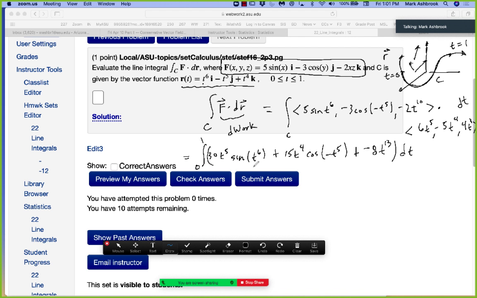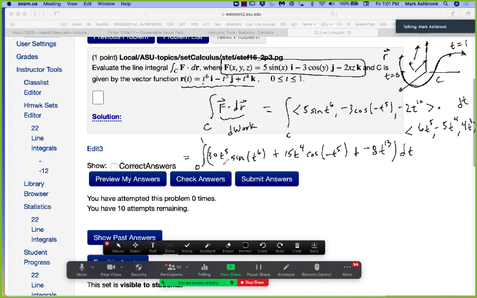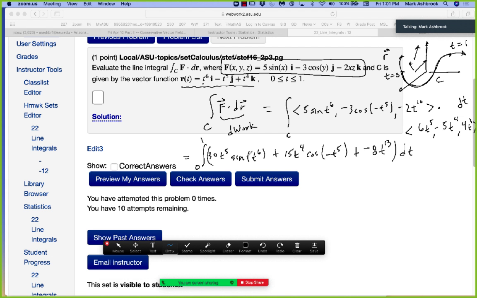I'm going to try to do those without u substitution, noticing that this is just the result of the chain rule, and trying to reverse the chain rule, because this t to the fifth is the derivative of t to the sixth, right? So if I reverse that, I'm going to have negative cosine t to the sixth, because the derivative of negative cosine is positive sine.